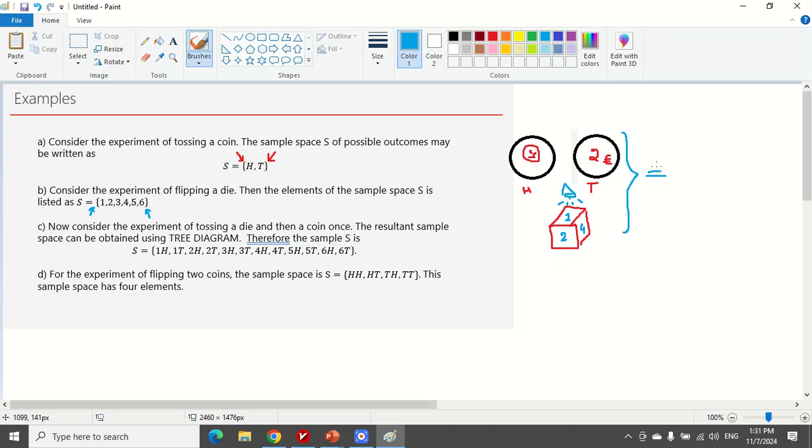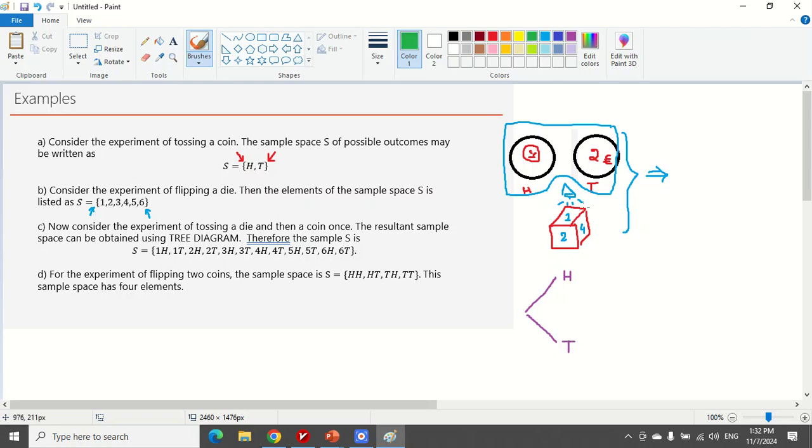What is the result? If we toss the coin first, we have two cases: head or tail. This is the first outcome.